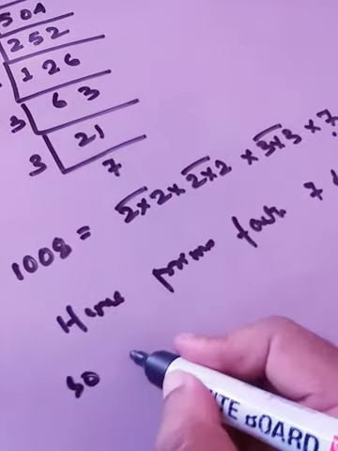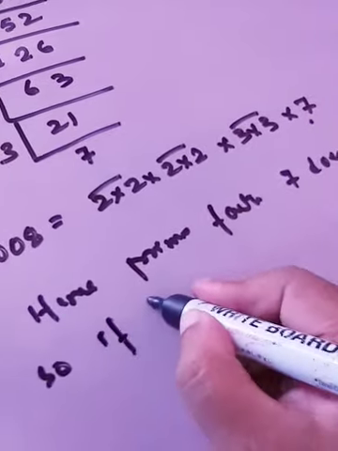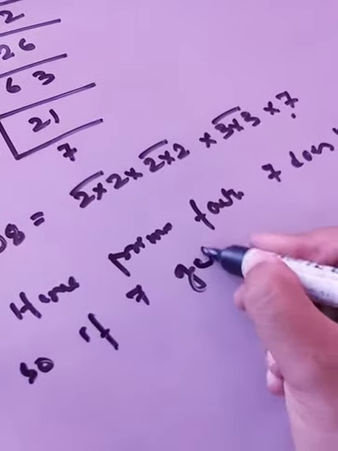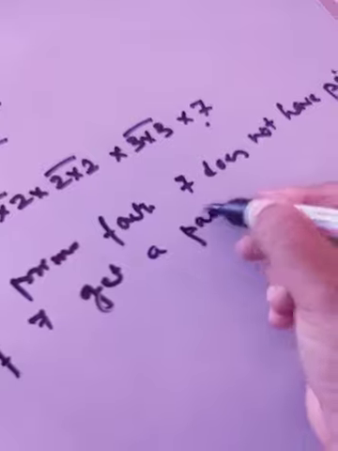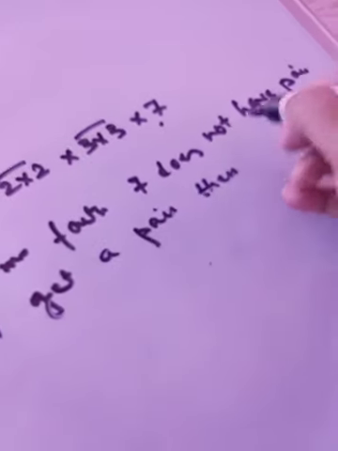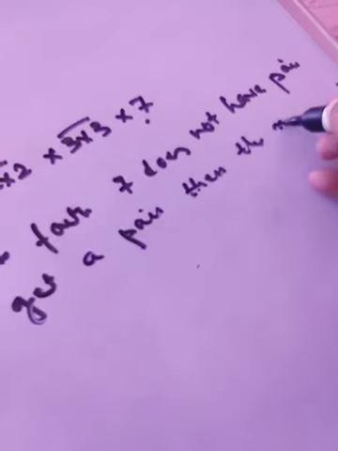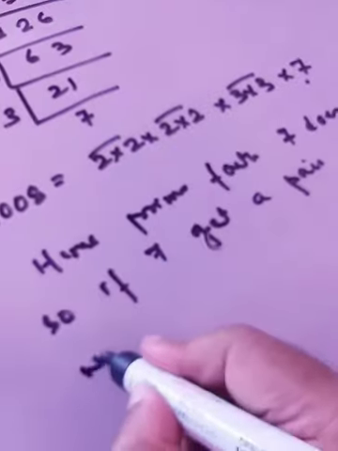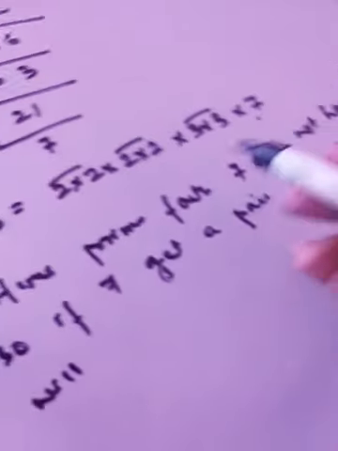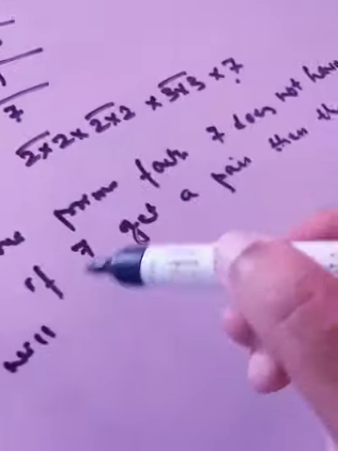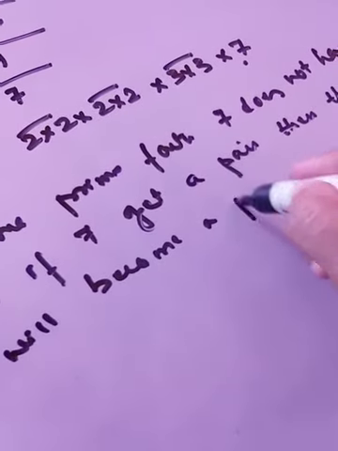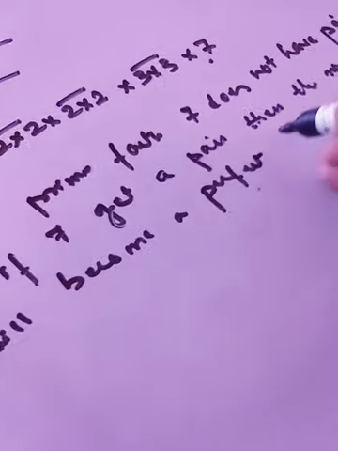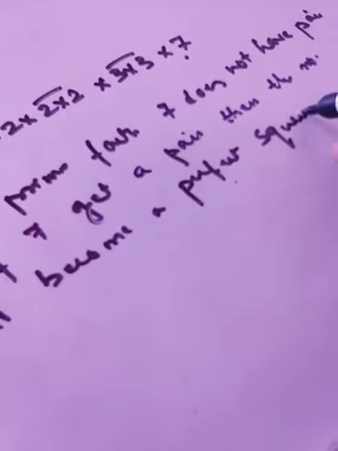So if 7 gets a pair, then the number will become, which number am I talking about? 1008. The number will become a perfect square number.